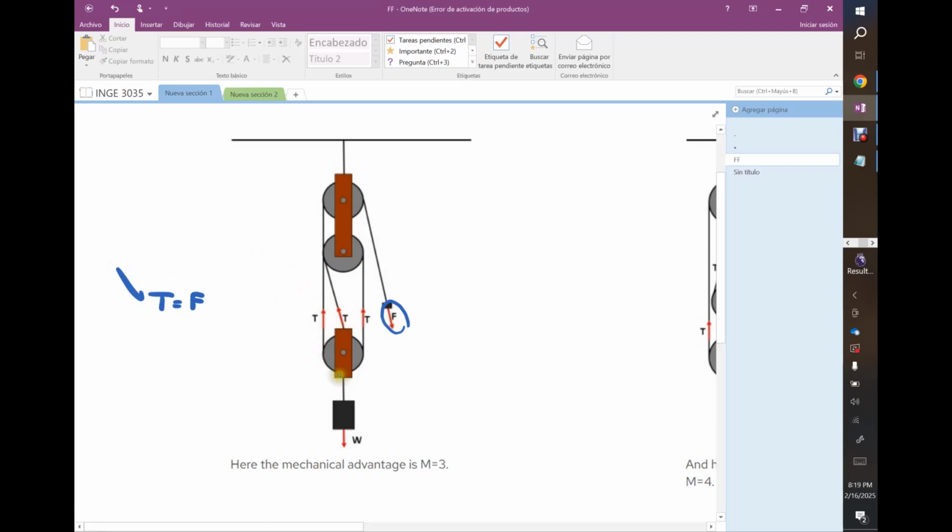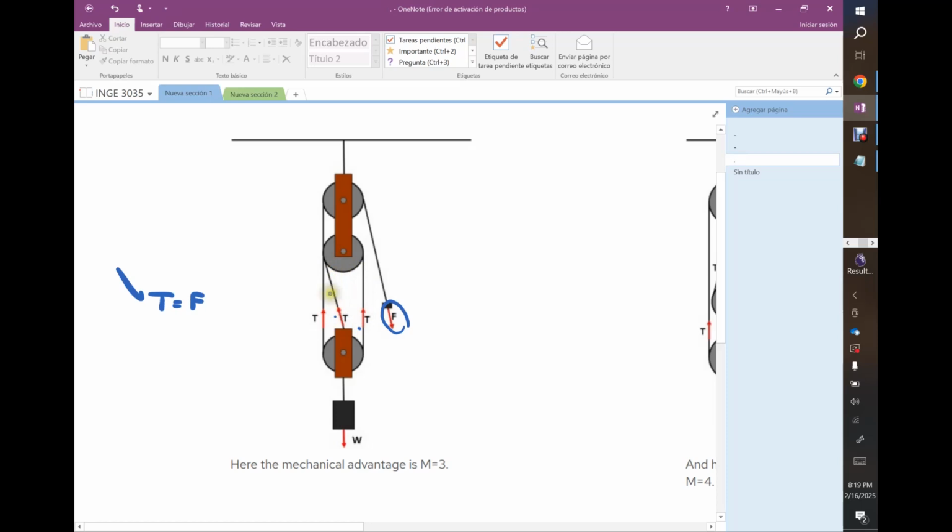Now there's another pulley here, and what's going to happen is that tension will develop on this side as well. You pull down here, and you develop a tension on this side as well. Now, as this tension develops, you are also pulling on this rope.